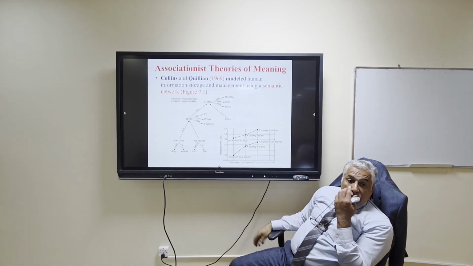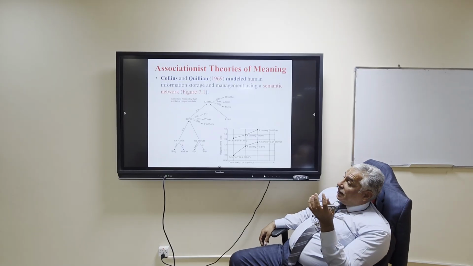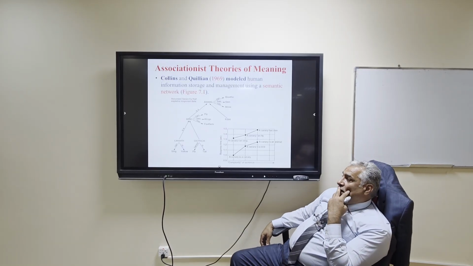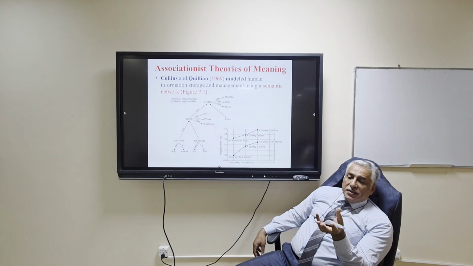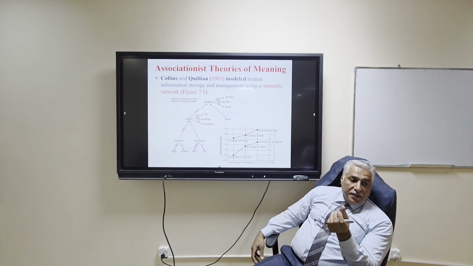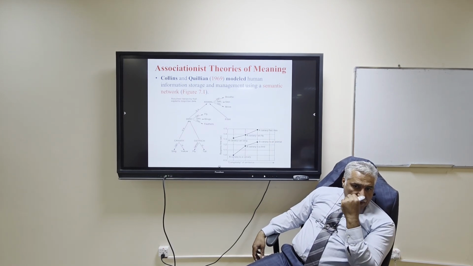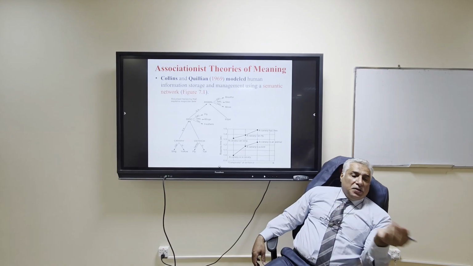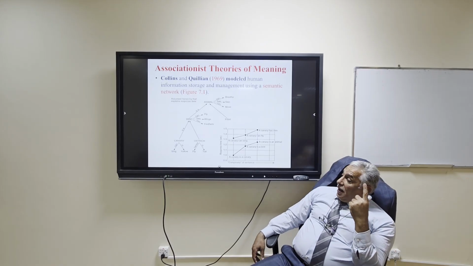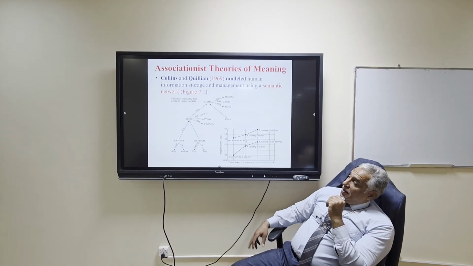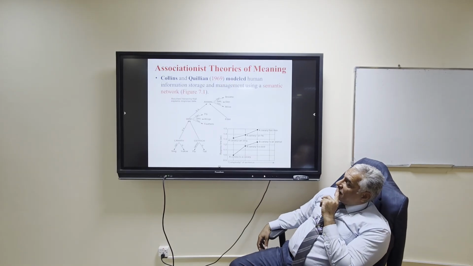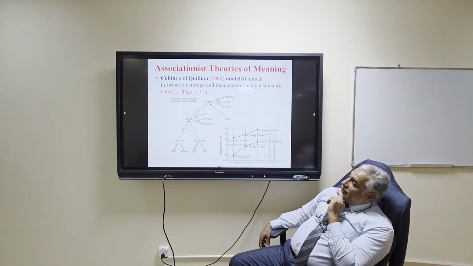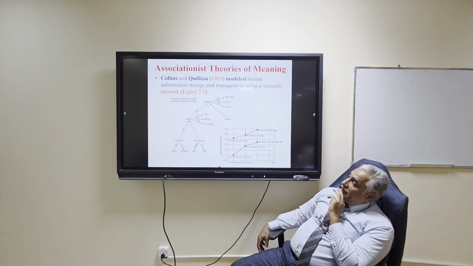This network can present the concept that the canary is yellow, and this is suitable for the representation of that concept. In the same manner, we can say that the canary can fly.